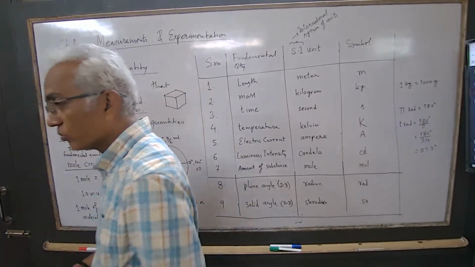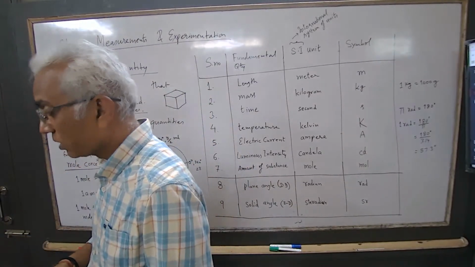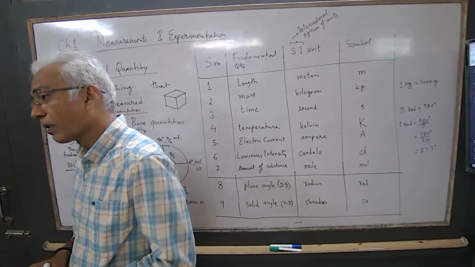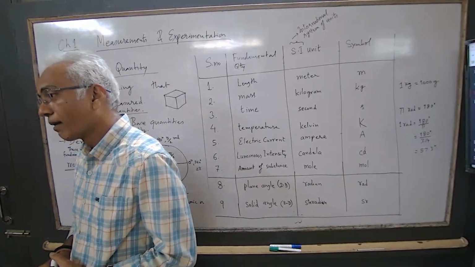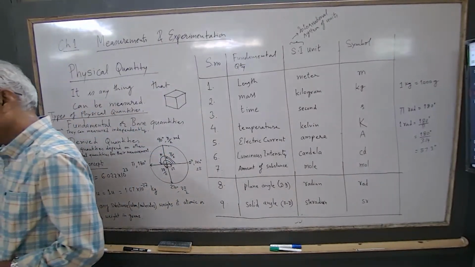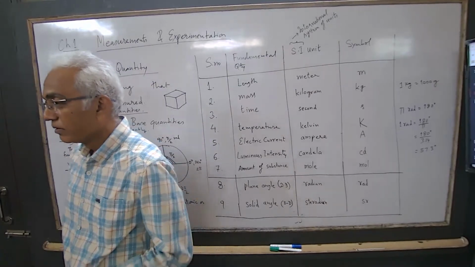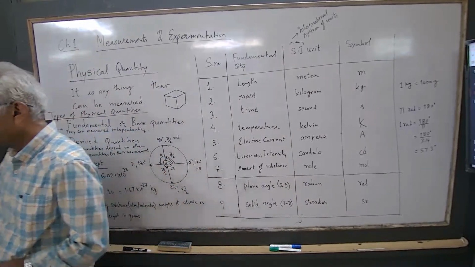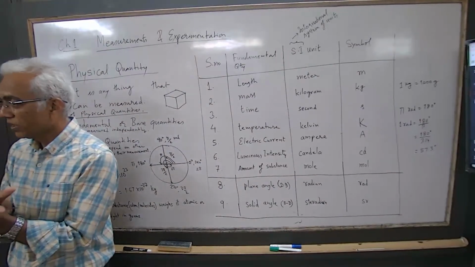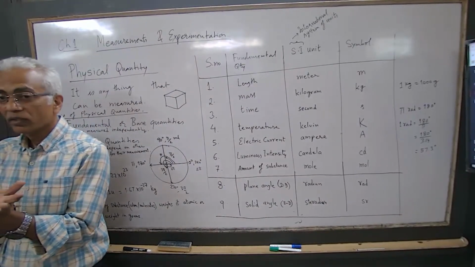See the corner of it. So which angle is a solid angle? This 90 degree? If you take 90 degree, it is still an angle between two lines. So what is a solid angle?